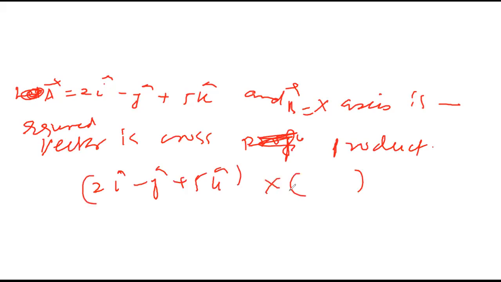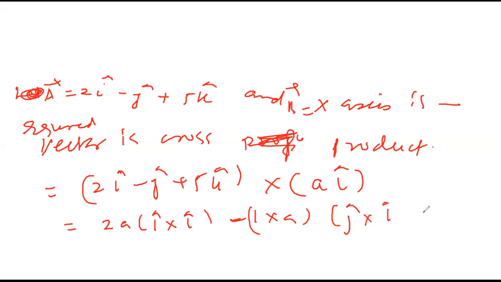What is the x-axis? It can be anything, i cap. It can be 1i cap, 2i cap, 3i cap, I don't know, so anything i cap, say a i cap. Now this is 2a i cap cross i, minus 1 into a j cross i, plus 5 into a k cross i.